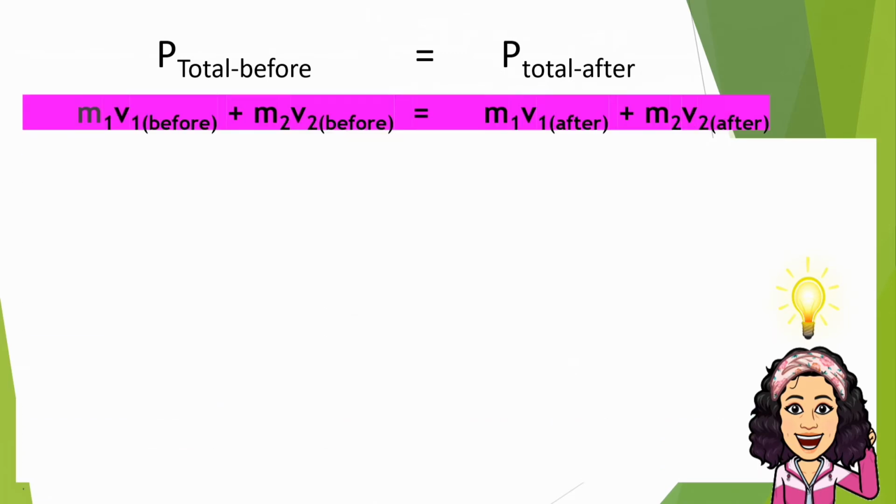For our v sub 2 after collision, we can now prove that the total momentum before collision and after are the same with our formula: m1v1 before collision plus m2v2 before collision is also equal to m1v1 after collision plus m2v2 after collision.